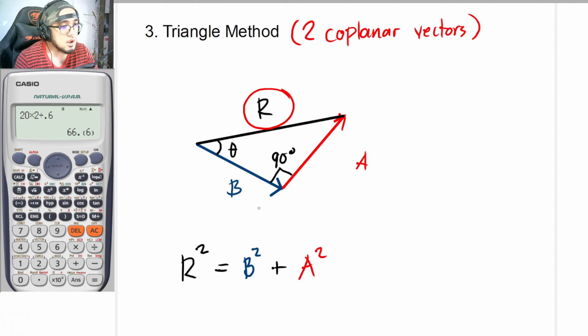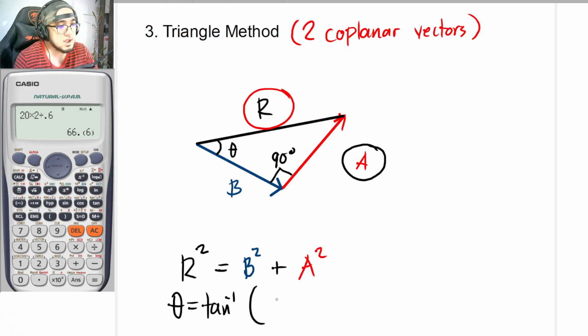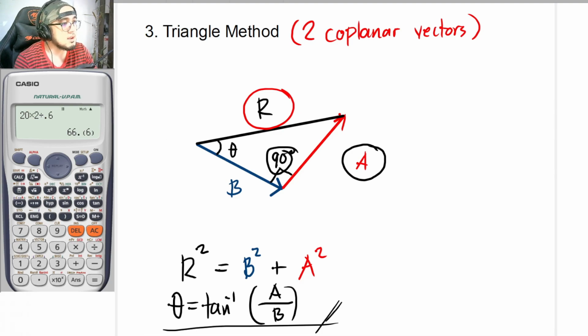You can actually get the arctangent. So theta is equal to arctangent of opposite divided by the adjacent. So A over B. That is if, for example, this is 90 degrees.